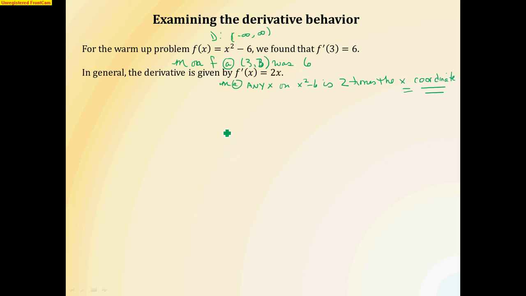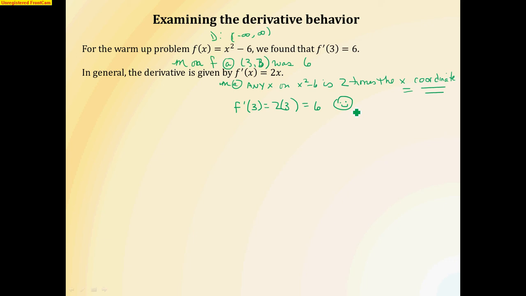So, if I hadn't used the x minus a formula on the warm-up, and if we had gotten 2x, is it true that the derivative then at 3 we could have gotten from this formula? Yes. Alright, so now let's look at this derivative rule, the 2x.